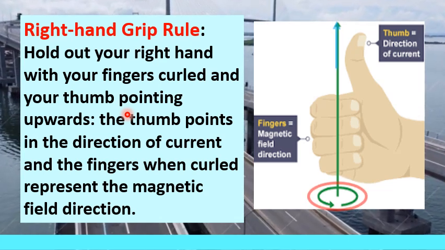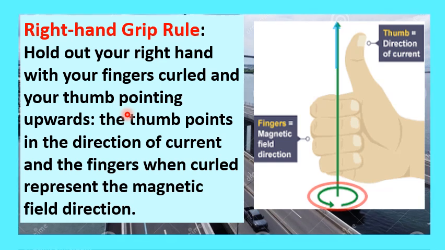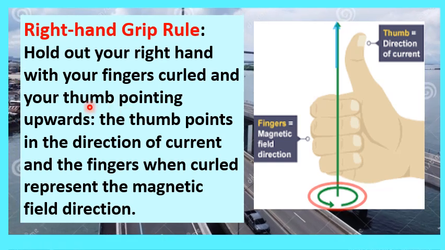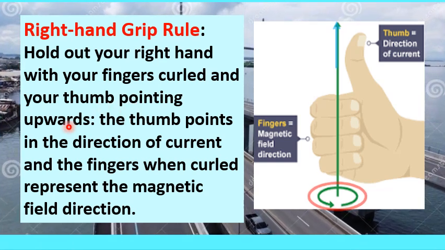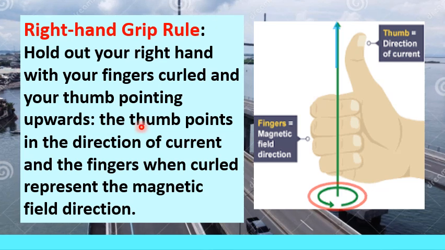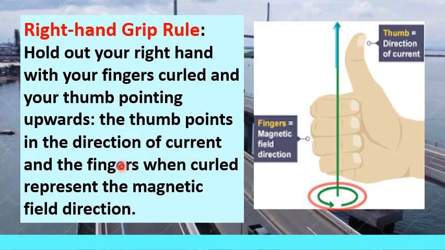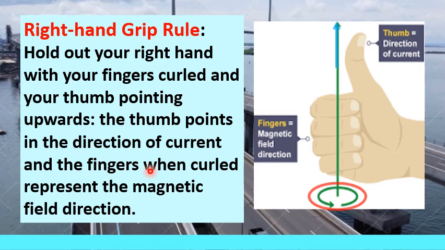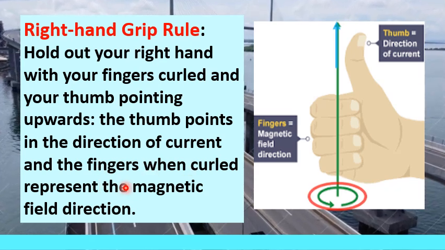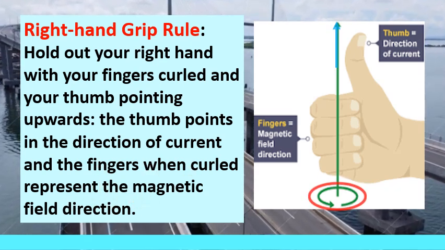Hold your right hand with your fingers curled and your thumb pointing upwards. The thumb points in the direction of the conventional current, and the fingers, when curled, represent the magnetic field direction.